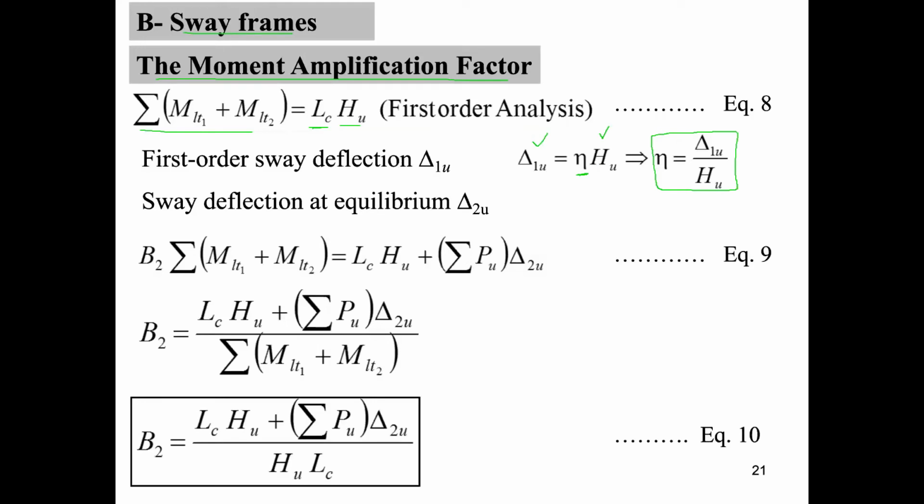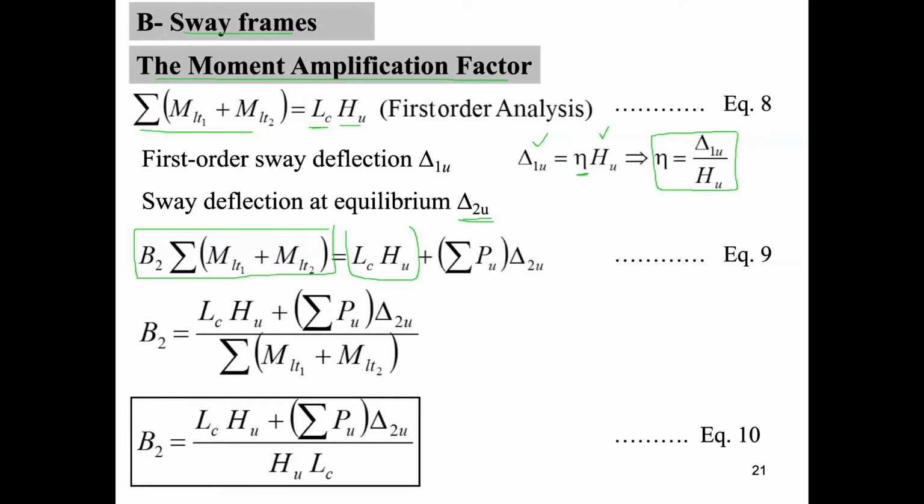Now let's consider the final displaced position when the structure is in equilibrium. The sway deflection at equilibrium is delta 2u. The amplified moment in this case will be B2 times the summation of MLT1 and MLT2.